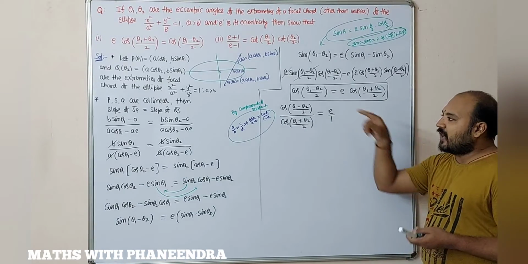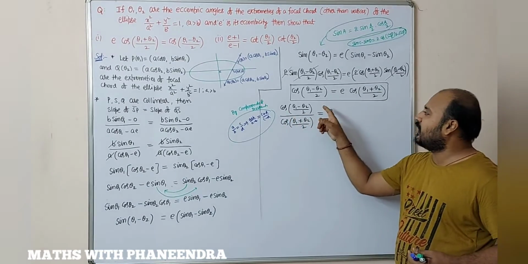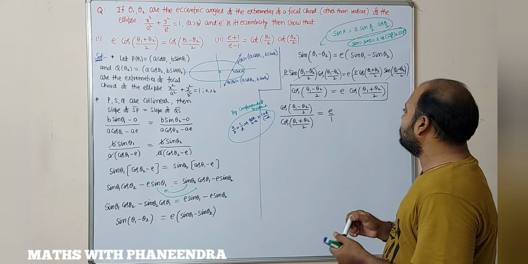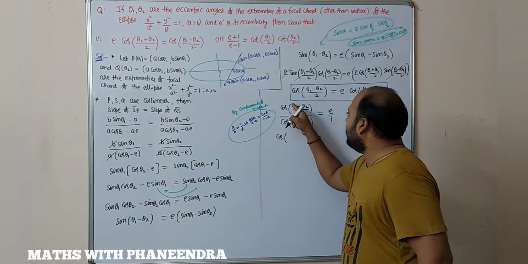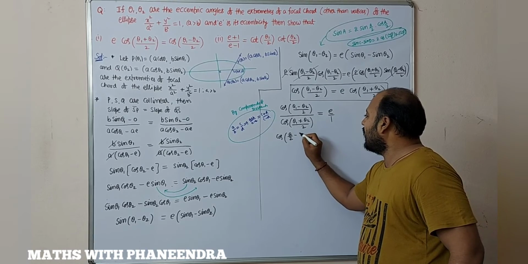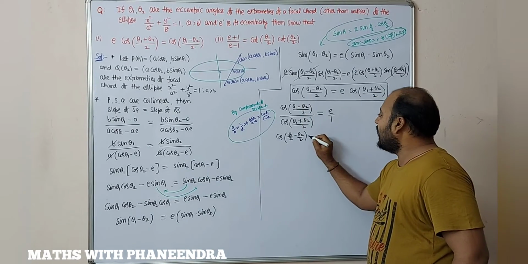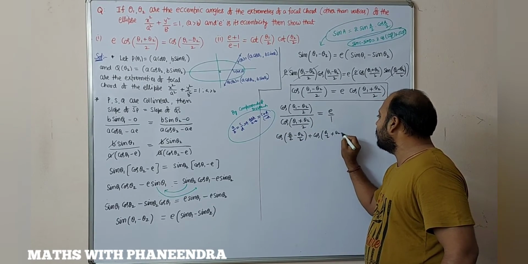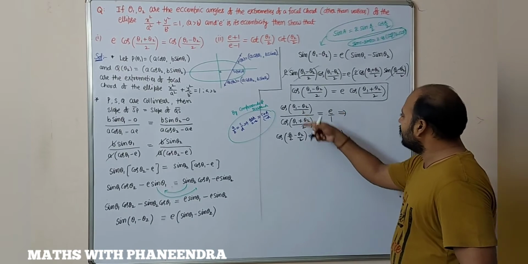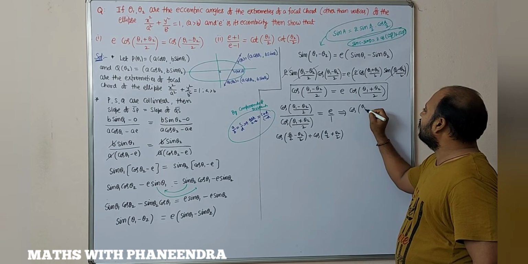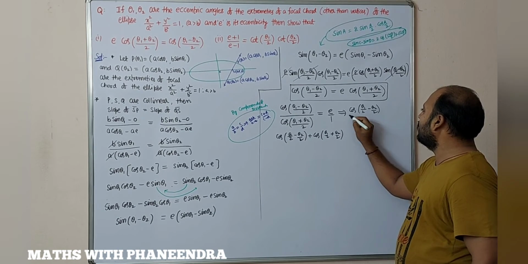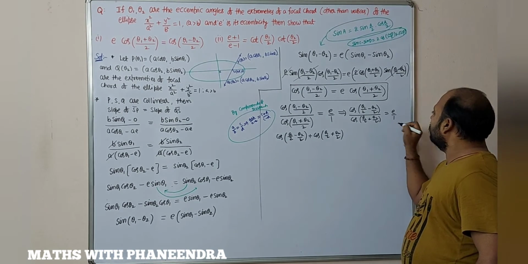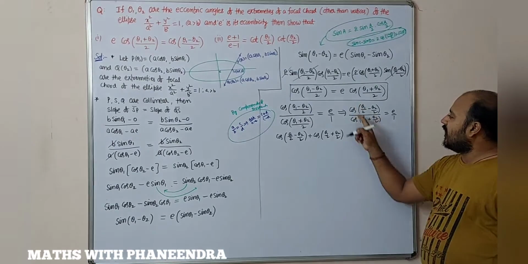So by using this, it is in the form of a by b equal to c by d, so we can write it as cos of (theta 1 by 2 minus theta 2 by 2) whole divided by cos of (theta 1 by 2 plus theta 2 by 2) is equal to E by 1. From this step we are writing a by b is equal to c by d.